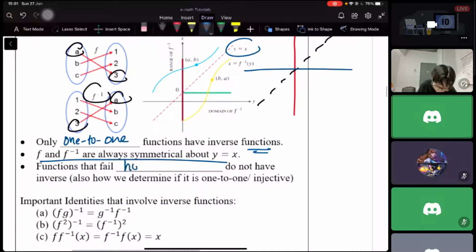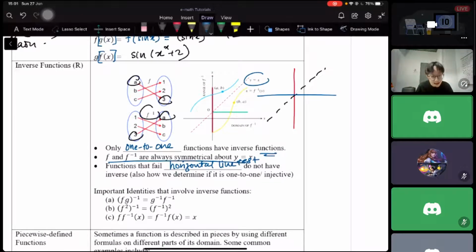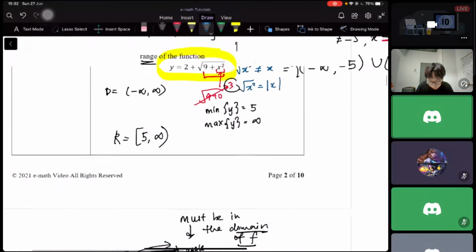So we will be using the horizontal line test to detect whether the function has an inverse function. For the horizontal line test, we just draw horizontal lines.